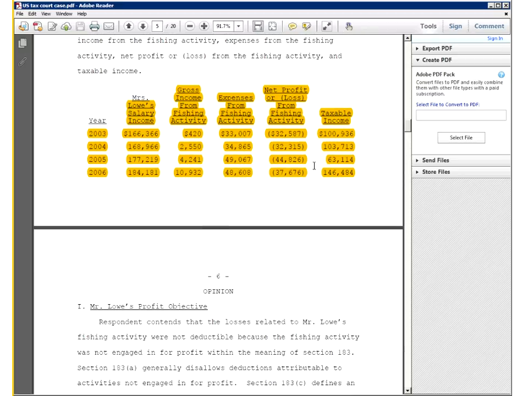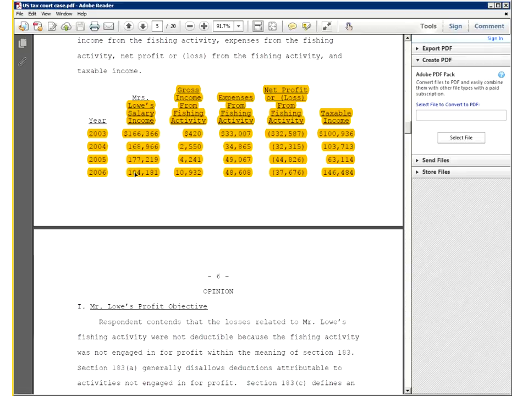So we come down here now, and the IRS or somebody is showing how much profit or loss he was reporting each year, and you can take a look at this category. And this is what raised the red flags to the IRS. Every year they're seeing over $30,000 in losses, therefore coming off of their income.